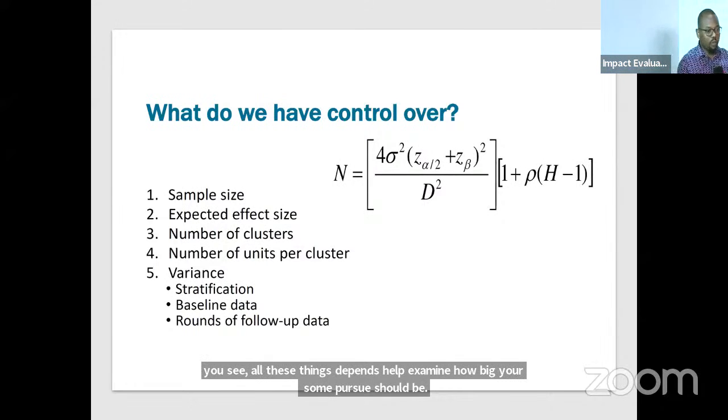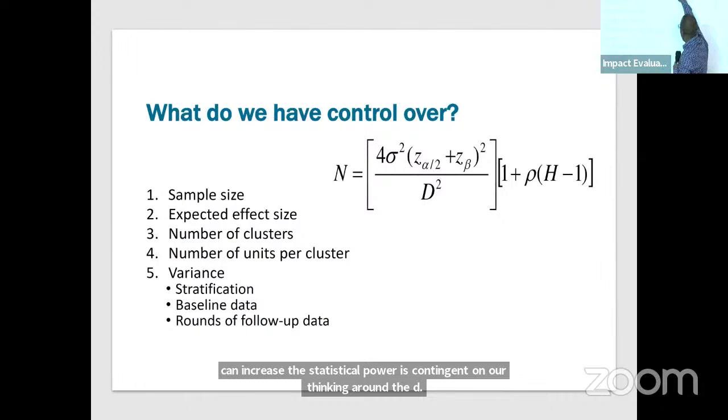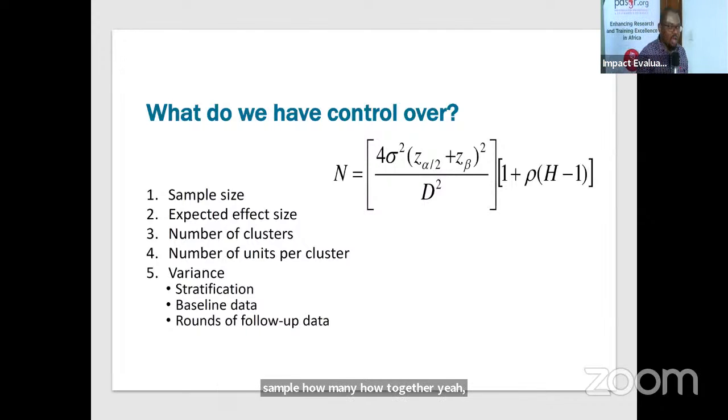How we can increase the statistical power is contingent on our thinking around D, our thinking around the number of units and the way they vary, our thinking of type 1 and type 2 errors, our predisposition there, and what informs that predisposition, our thinking of rho, intercluster correlation in case of clustering, and the number of clusters we want to include in the sample. How many? Are we together?